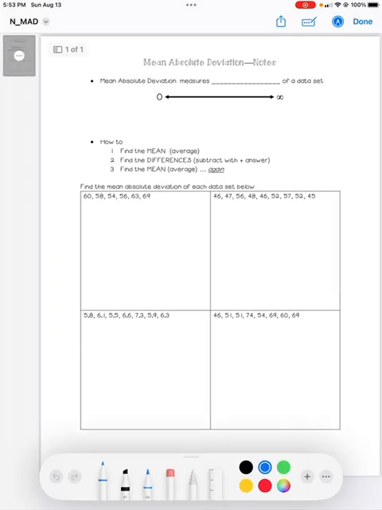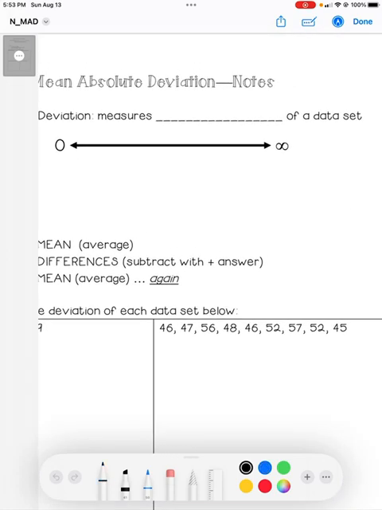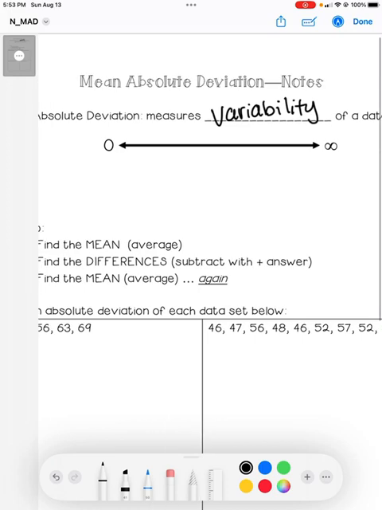Boom, okay. All right, in this video, we are going to work with mean absolute deviation. Mean absolute deviation measures variability of a data set. If your mean absolute deviation, or MAD, is closer to 0, then you have no variability.